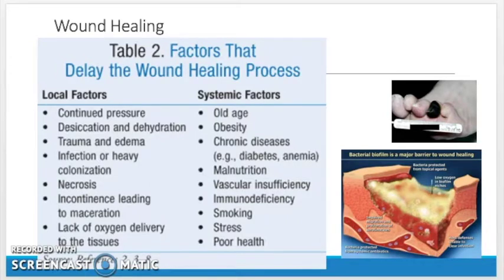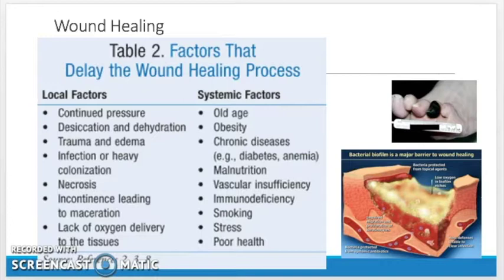This causes bacteria that produce toxins that can lead to cell destruction, as well as biofilm can be created. It's a thick grouping of microorganisms that could lead to slough, which is moist yellow stringy tissue, or eschar, which is dark leathery tissue of the wounds. When this happens, there's decreased blood flow to the area and a decreased ability for oxygen to reach the area, and wound healing is delayed.